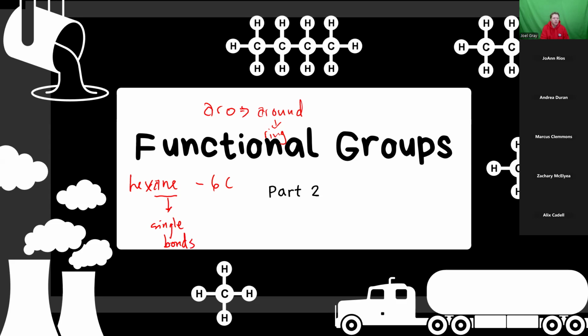Great. Now, with this name, hexane, what I'm going to do is draw the backbone. C, C, C, C, 4, 5, and 6. If I added a bunch of hydrogens to that, would that satisfy hexane?